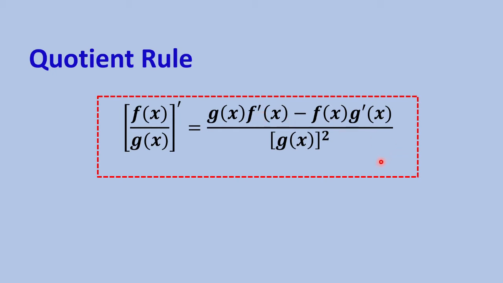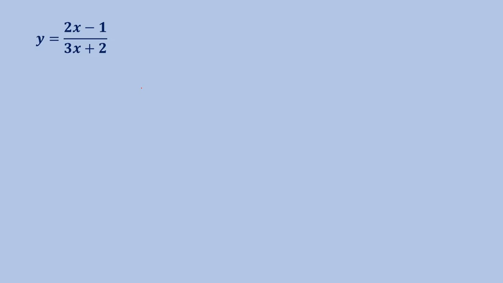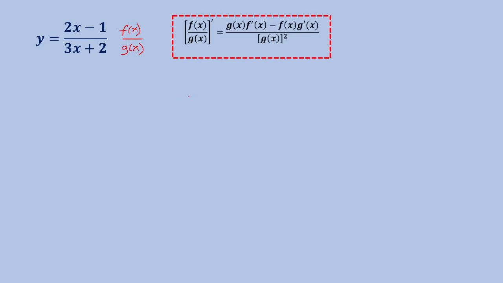So let us have some examples. So let's say we have 2x minus 1 over 3x plus 2. Let's say this is f of x, and this one would be g of x. Let us be guided by our formula here.